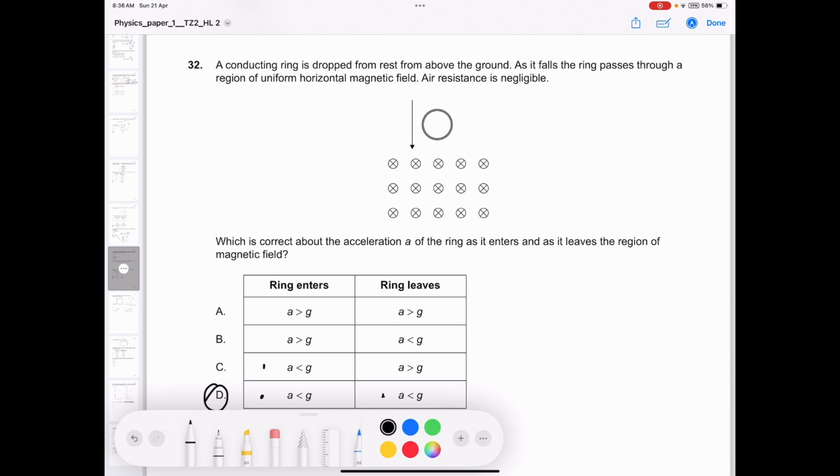Therefore, the ring will decelerate as it enters the field. So the answer must be C or D to begin with. When it leaves the field, it is still being restricted by the magnetic field opposing its movement. Therefore, both accelerations are less than g. So the answer is D.